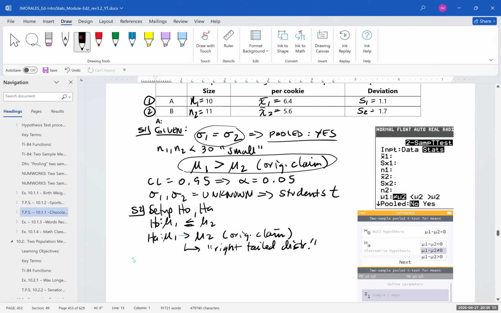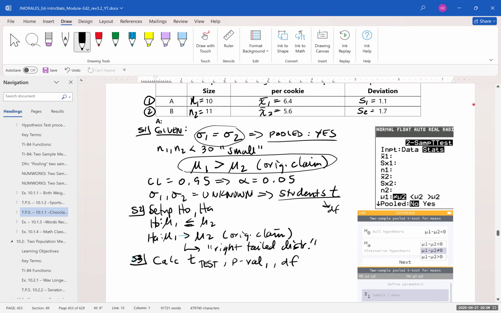All right, step three. This is to calculate our t-test statistic from our sample data, as well as our p-value. And because we're dealing with a student's t, we need degrees of freedom. So we'll get that calculated as well. All right.